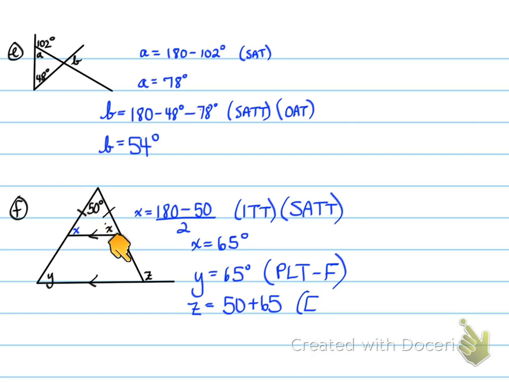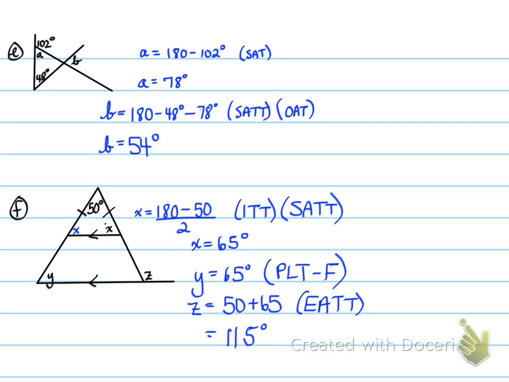So whether you use PLTF and SAT, or you use EATT to determine that the sum of these angles is equal to Z, you will get the full marks. So it turns out that Z is equal to 115 degrees.